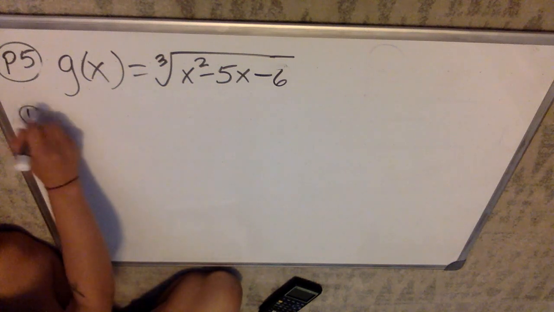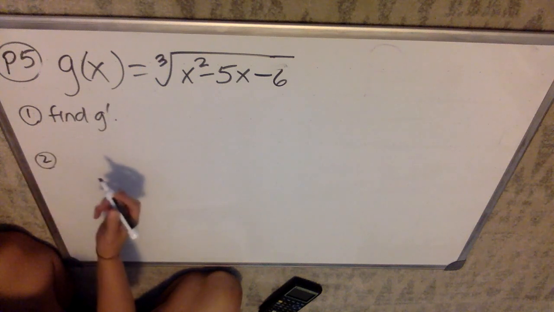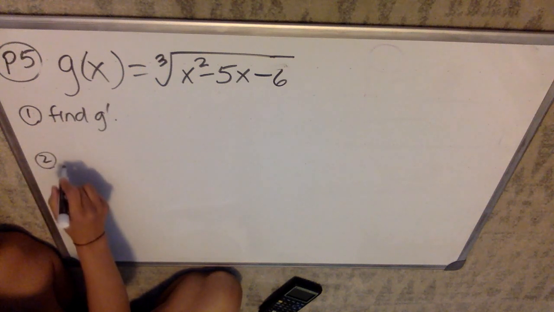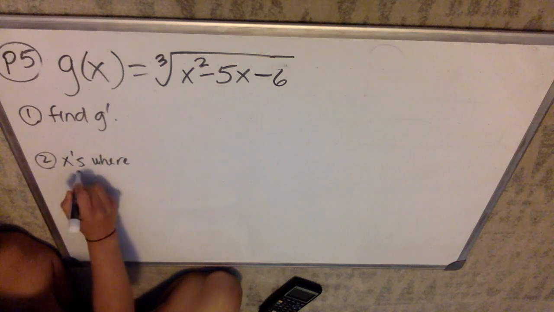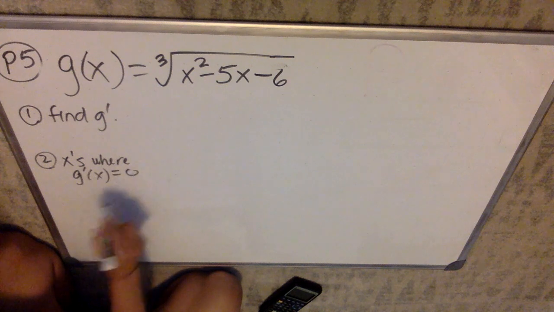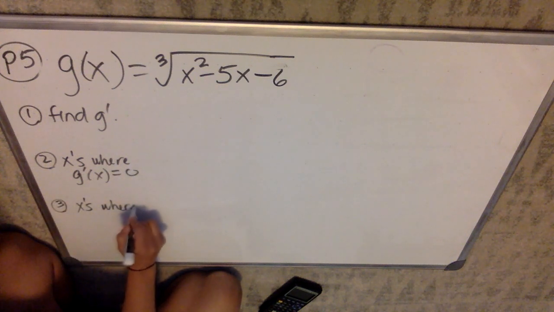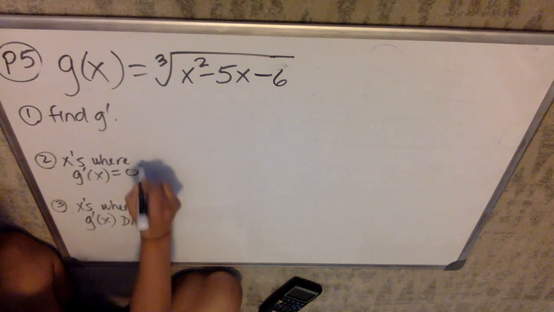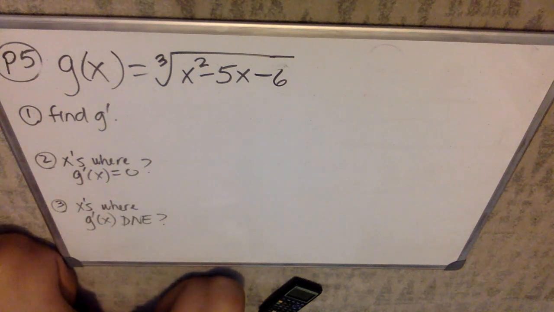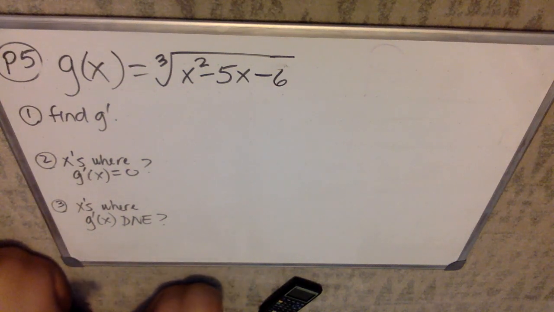And so I want you to find g prime. 2, I want the x's where g prime of x equals 0. And 3, I want the x's where g prime of x does not exist. Again, you can pause me if you want. I'm going to walk through these examples.